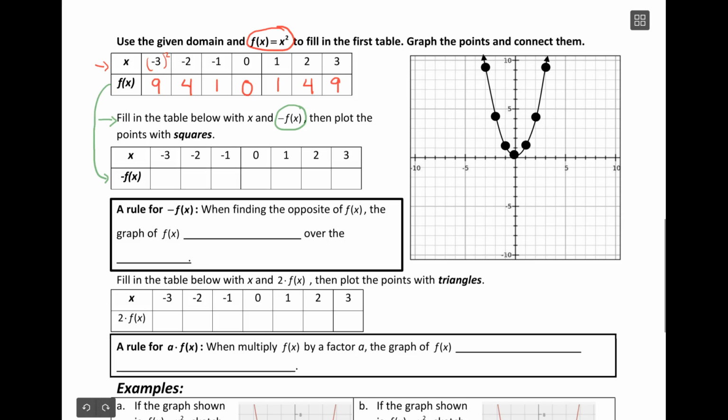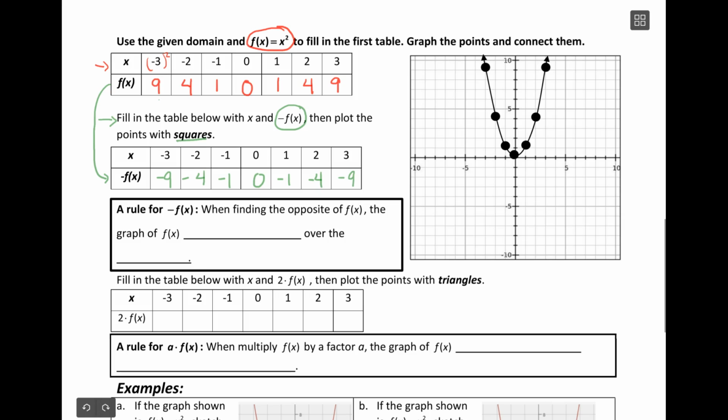So before -3 squared was 9, so now it's going to be -9. So we're just going to multiply like a -1 to it. So 4 would become -4, 1 would become -1, 0 is still 0, 1 becomes -1, 4 becomes -4, and 9 becomes -9. And then just like before, we're going to plot those with squares.